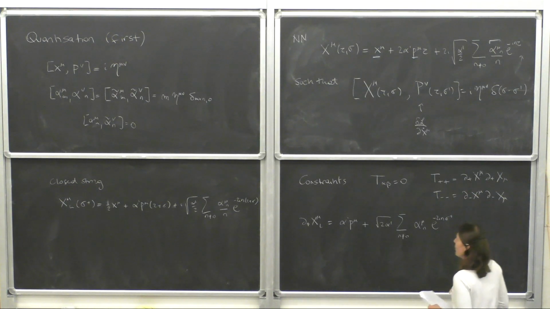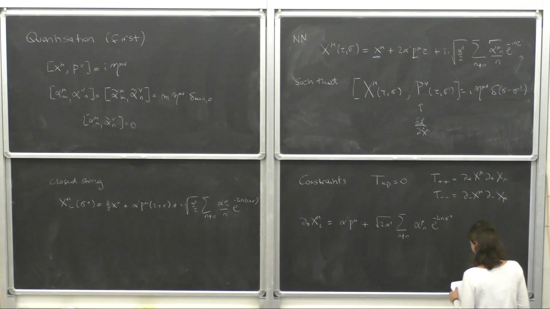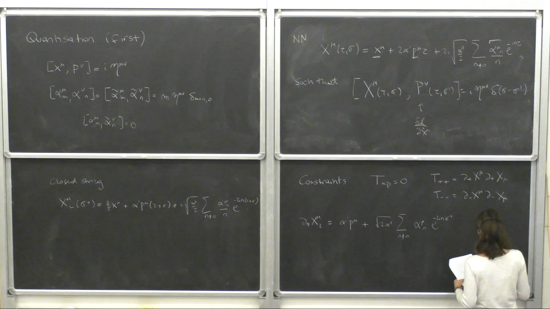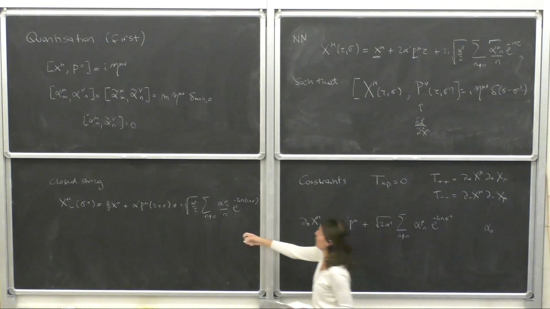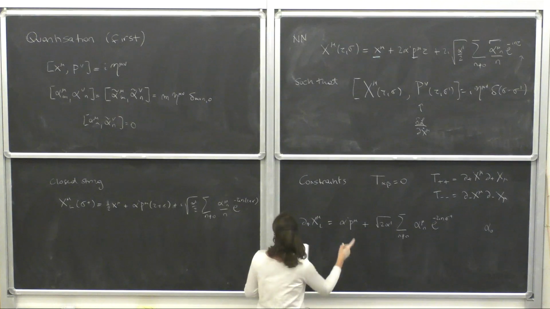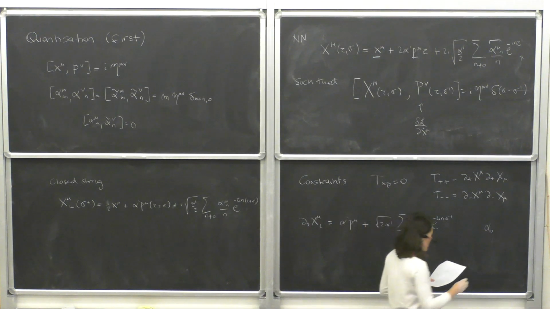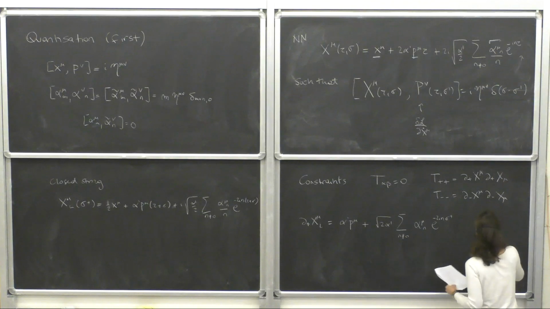Yeah, I think I do. Now, the original sum was for n different from 0, but once I have the derivative, this 1 over n goes away, so I can write this as a single sum.